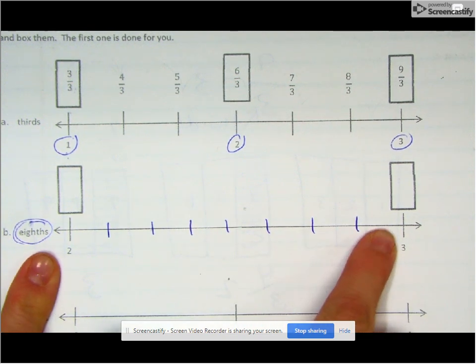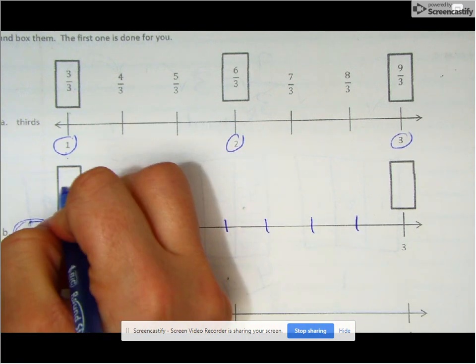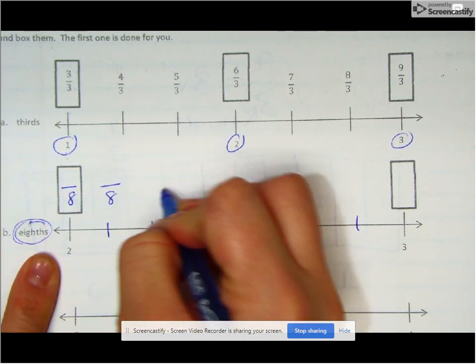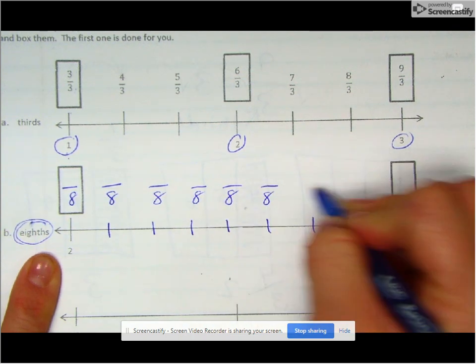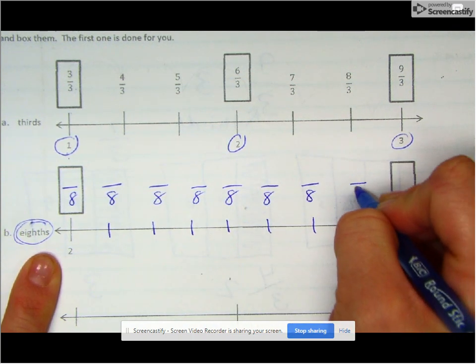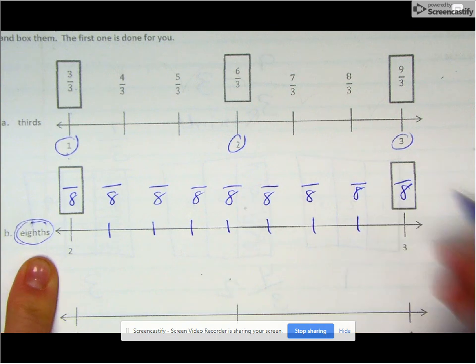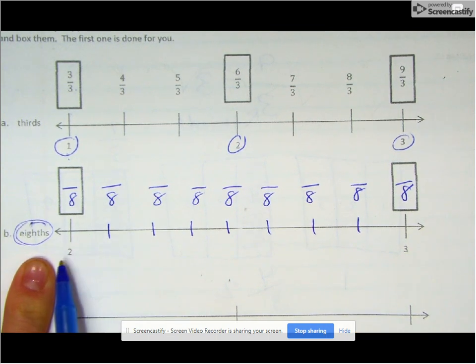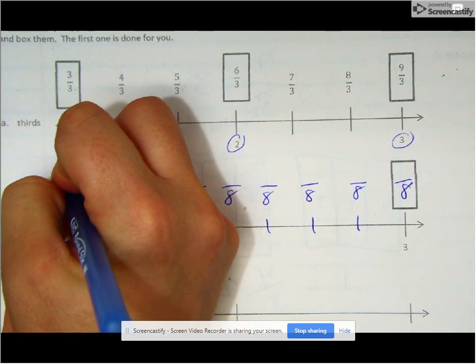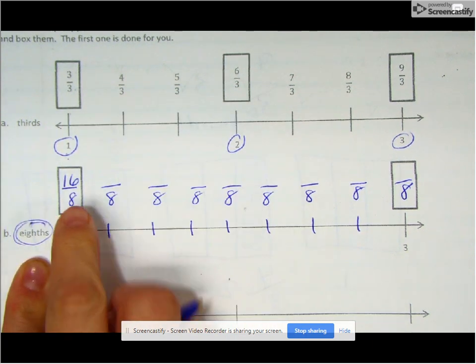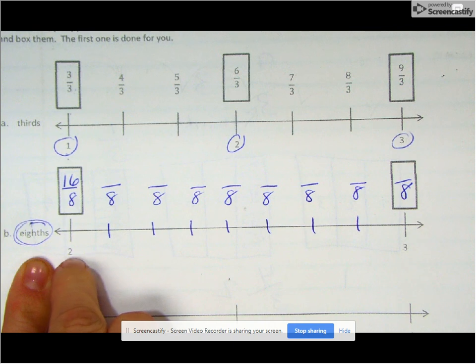Okay, so if we're splitting it in eighths, that means every single denominator is going to be 8. So for the wholes, 2 times 8 will get you to 16. So 16 eighths is the same thing as 2.